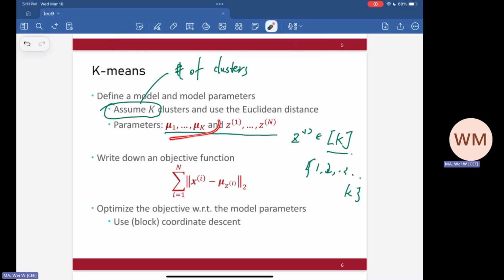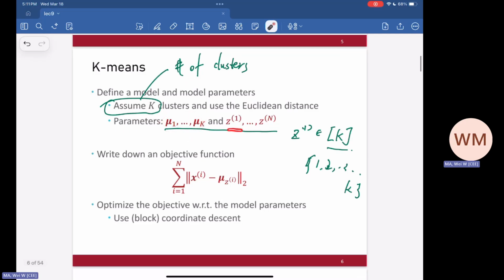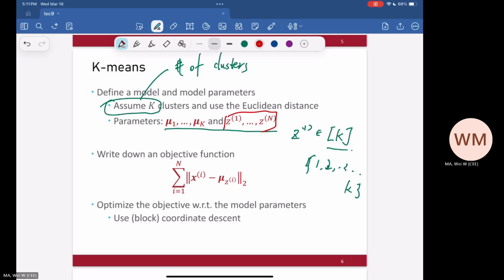And mu1 to mu_k are the centers of each cluster. Clear? You have K clusters, so you have K centers. And z is basically an indicator, indicating that x1 goes to, for example, 3, x2 goes to 4, something like that. So here, mu is a vector, and z is an integer.